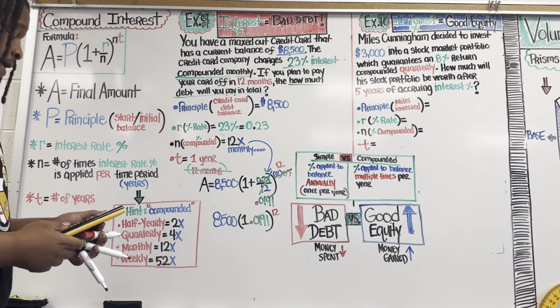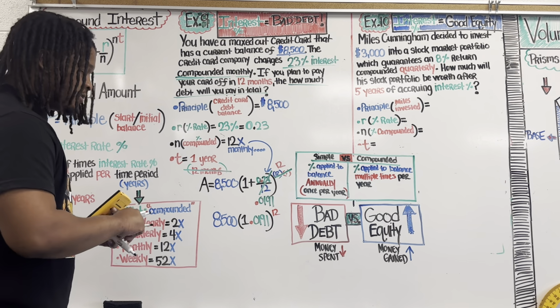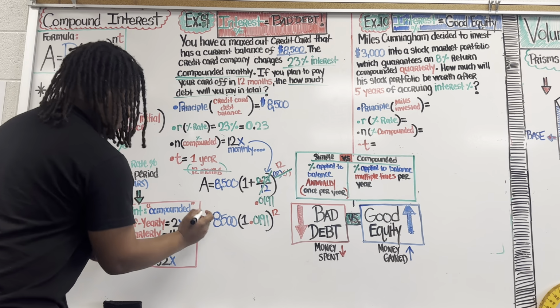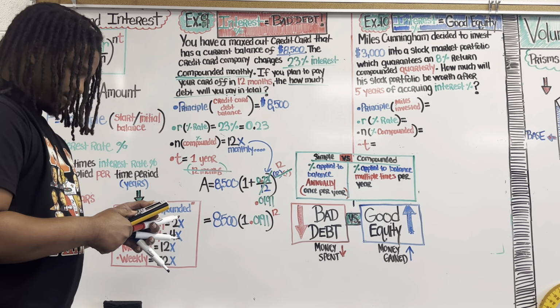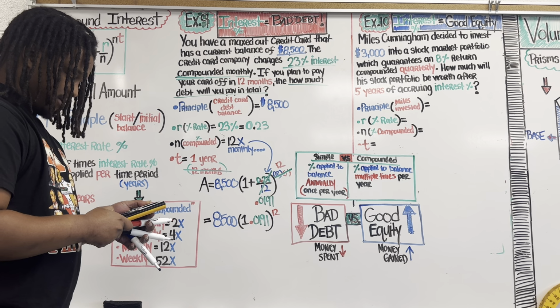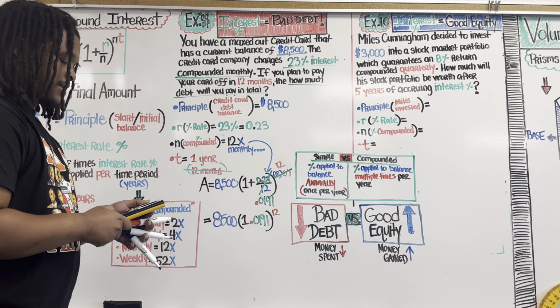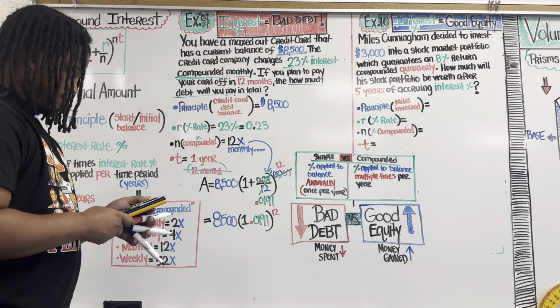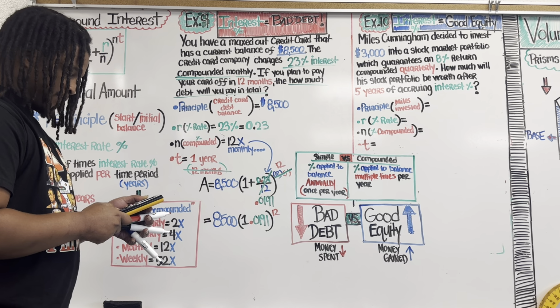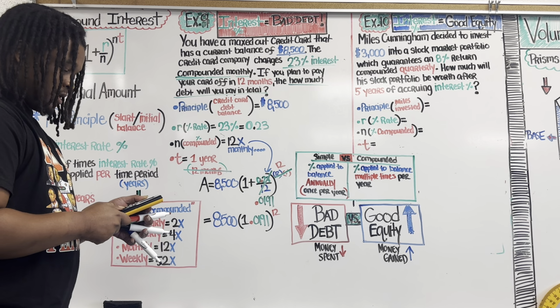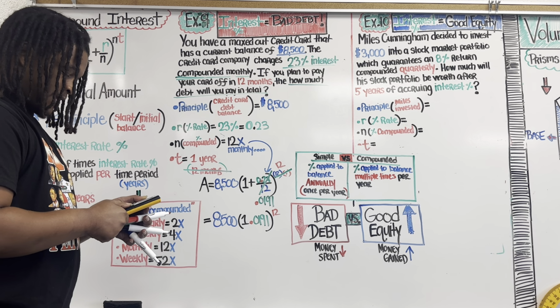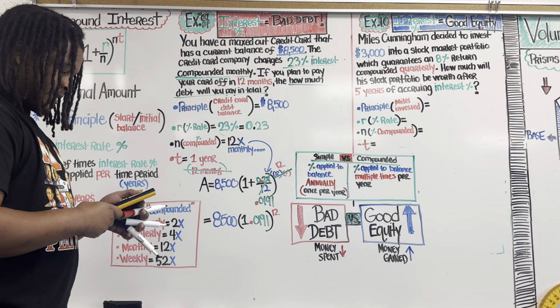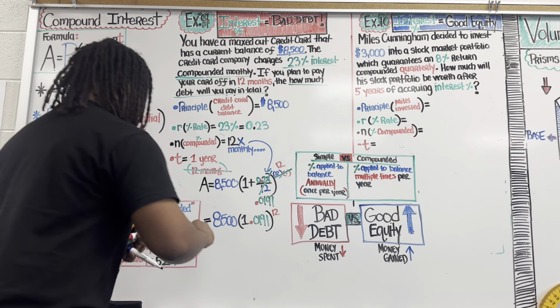So now, guys, all I have to do is just plug this into the calculator the way I see it, right? So I'm gonna do 8,500 times parentheses, outside parentheses, inside parentheses, 1.0191, inside parentheses close, to the power of 12, outside parentheses close, and that will be the final amount.